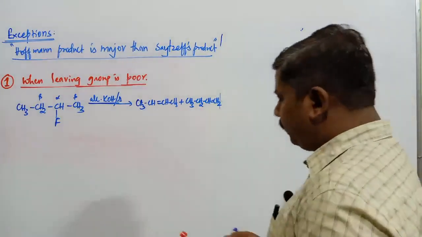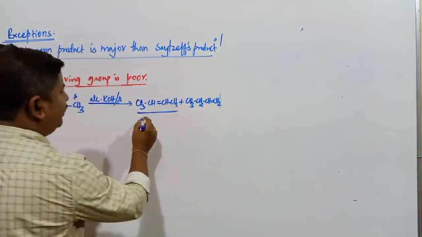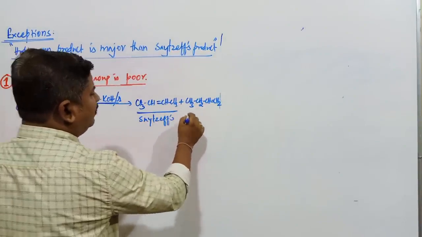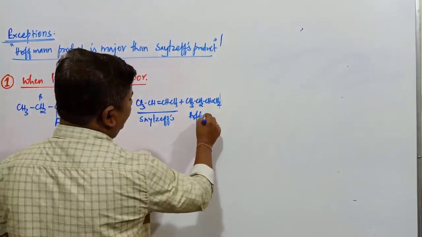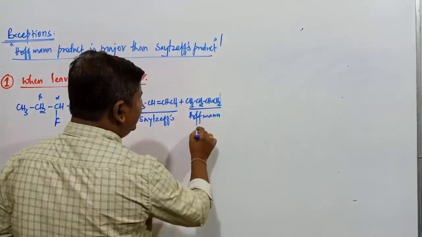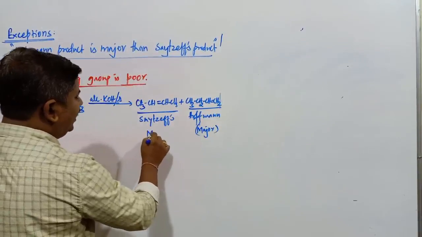The Saytzeff product is the one having the more substituted double bond, and this one is the Hofmann product. But the condition is that the Hofmann becomes the major product here, and this becomes the minor product.